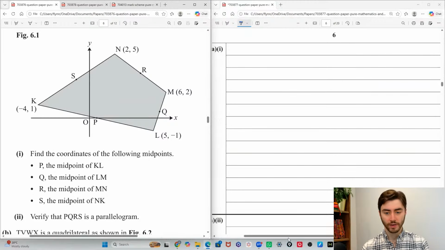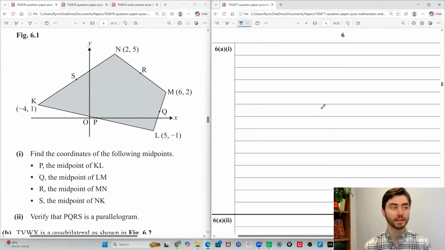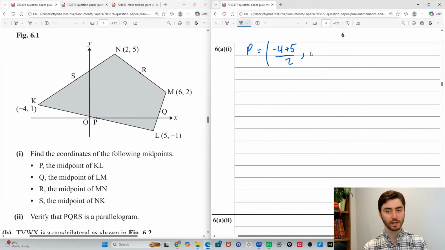So here, find all the midpoints. Well, the midpoints are done by just simply taking the averages of the x and the y's. So P is going to be the average of K and L. So I'll demonstrate one of them. So it's the average x and then the average y.